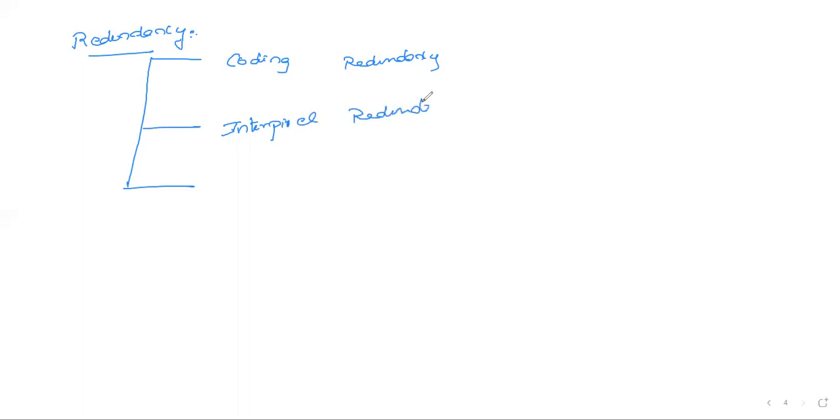The redundancies are mainly classified into three types: coding redundancy, interpixel redundancy, and the third one is psychovisual redundancy.